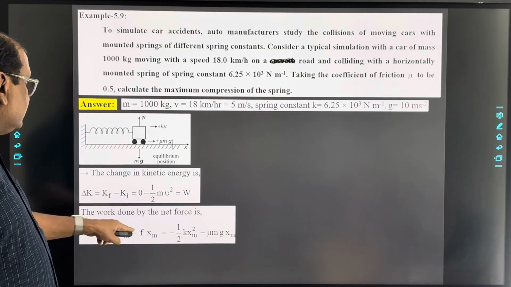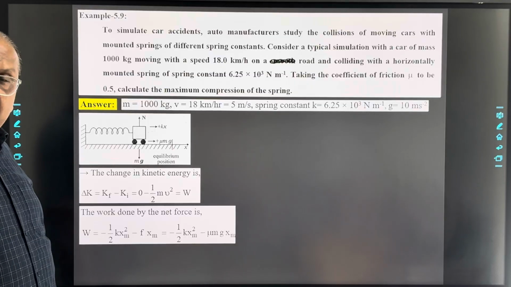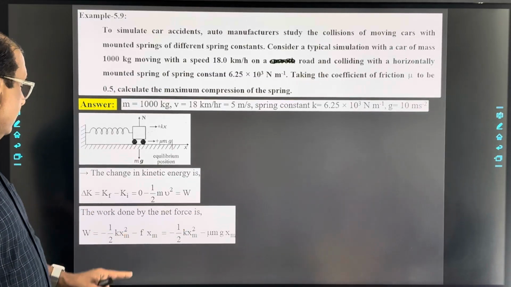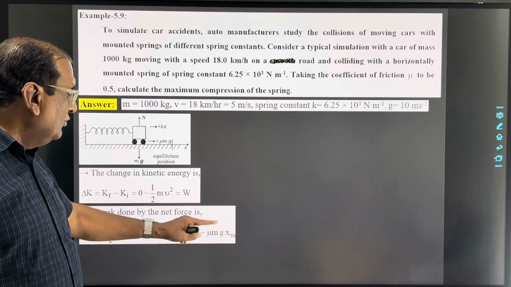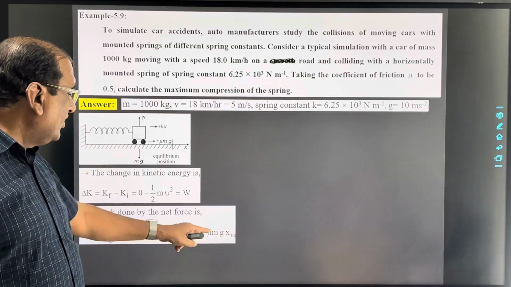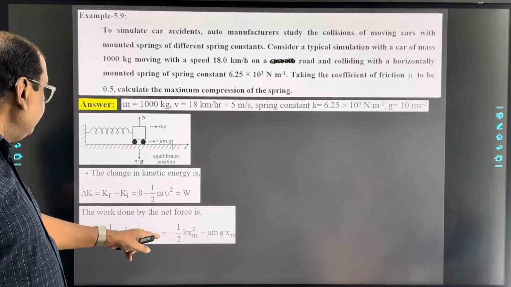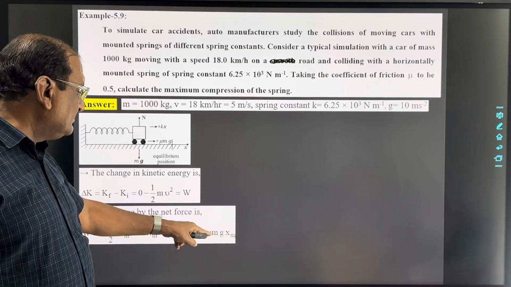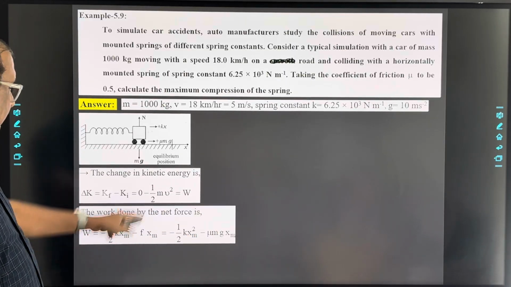Both are in the opposite direction of the displacement, so a negative sign is there. Now the frictional force is mu into normal reaction, that is mg. So W is minus half k xm square minus mu mg xm.